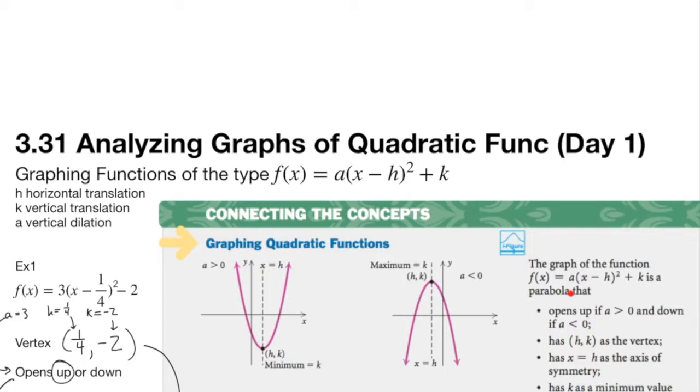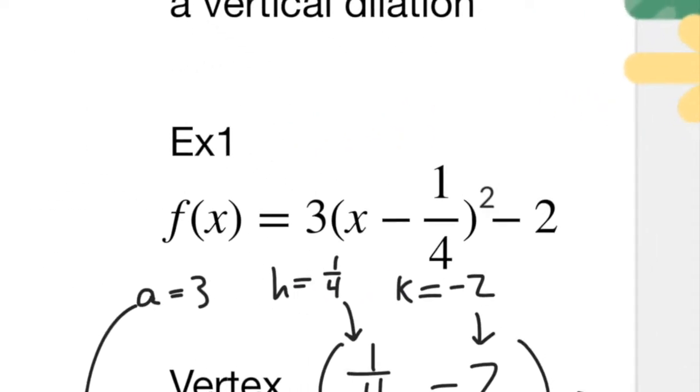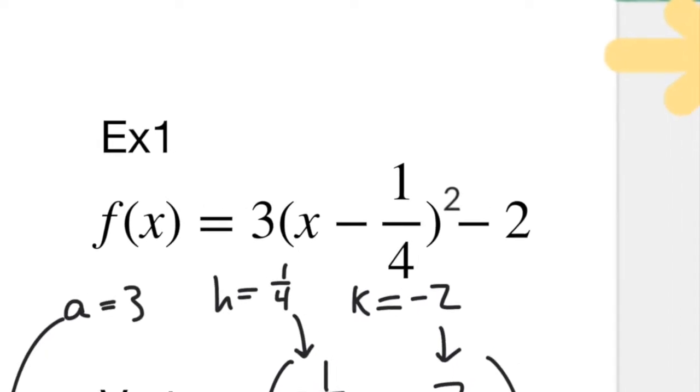Check this out. This is basically a summary of everything we're going to talk about, but I'm just going to start off with some examples here. Let's say you're given f of x is equal to 3 parentheses, x minus a quarter squared minus 2. Now, from our work in transformations, we can pull apart that the a value is going to be 3.